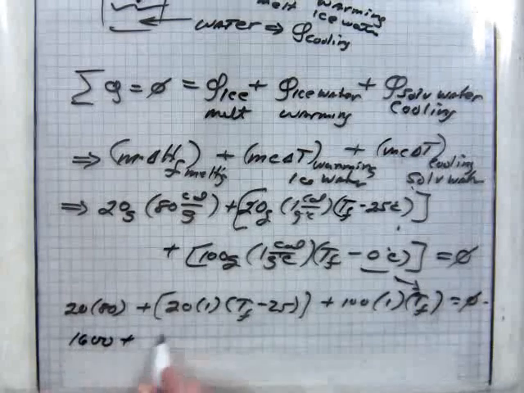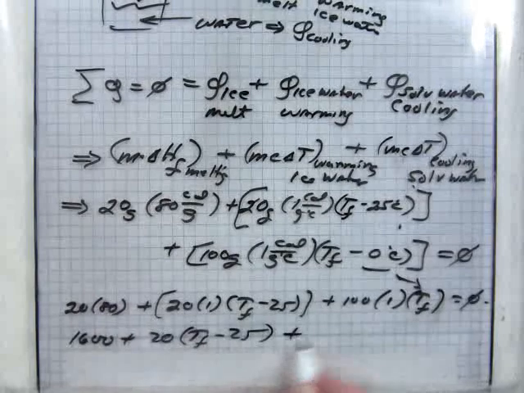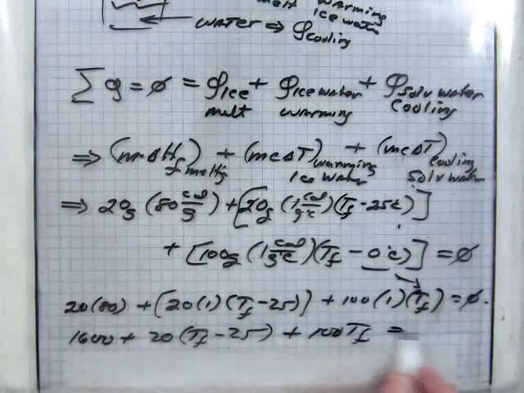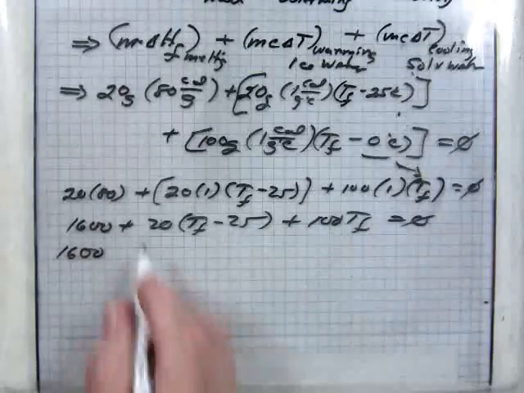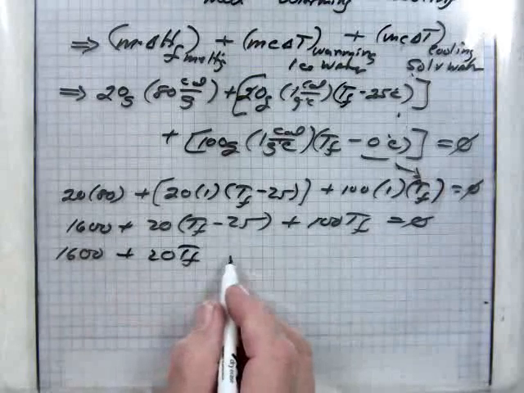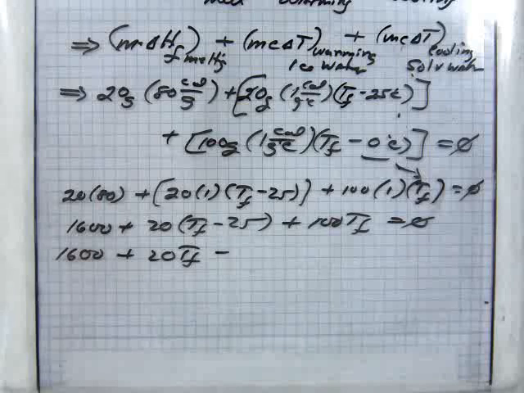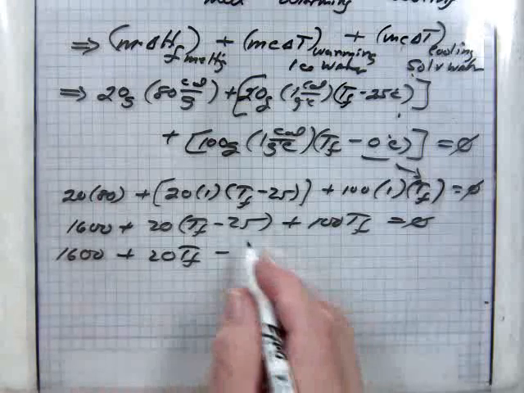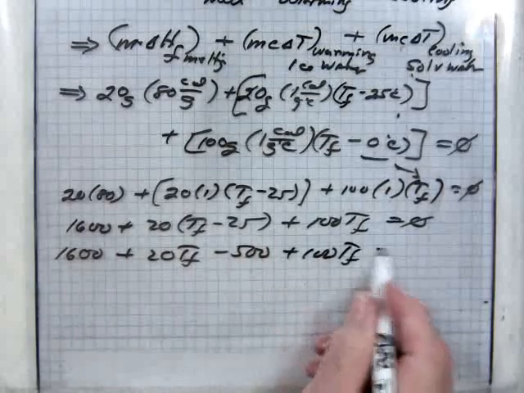1600 plus 20 times TF minus 25 plus 100 TF equals 0. So that's 1600 plus 20 TF. 20 times, what's that, 500? I better do it, dropping zeros. Yeah, just being sure. Plus 100 TF equals 0.